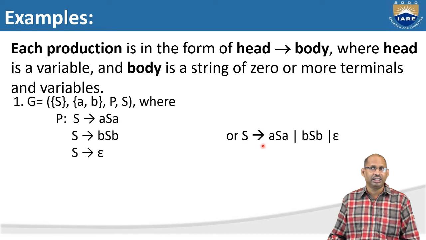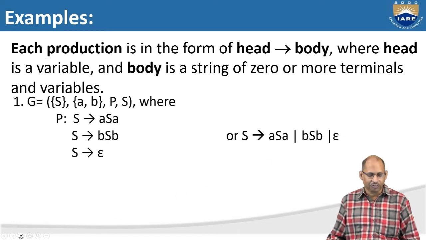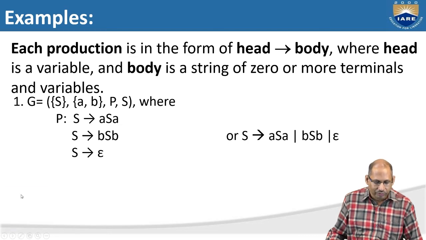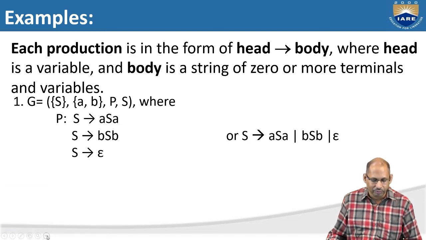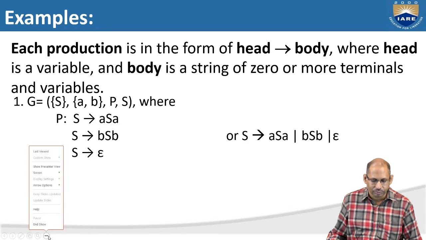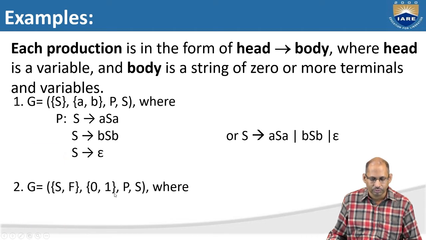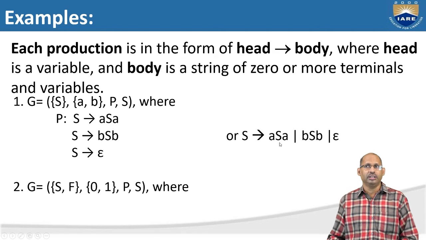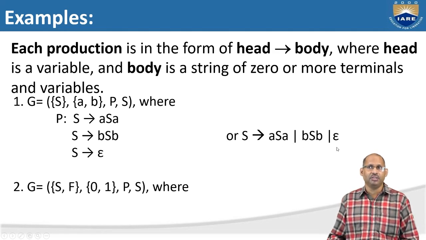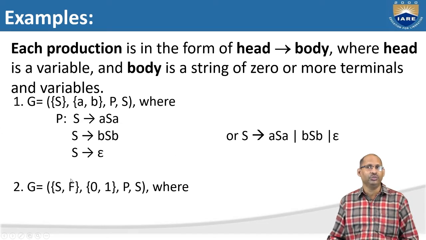We can write the three in a simple form: S gives ASA | BSB | epsilon, right? Here we can write them separately or we can write in a simple one. We are combining all three productions into this form.